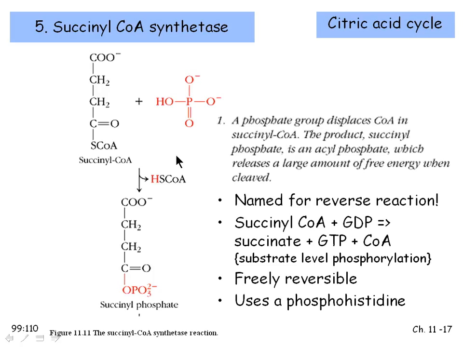What it does in the context of the citric acid cycle is we are going to end up making a free succinate and a GTP and releasing the CoA completely. Some of these steps in here are the intermediates along the way, but they're not the products of the reaction altogether.